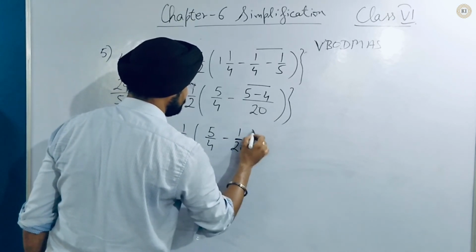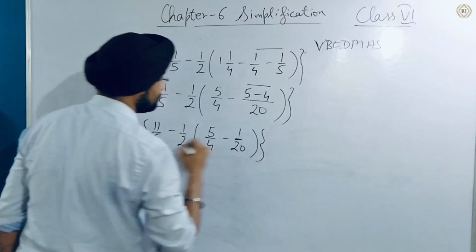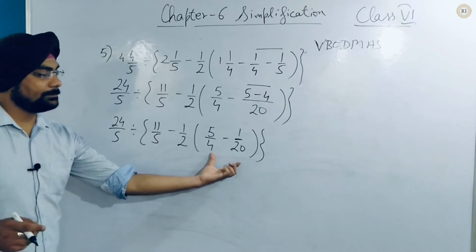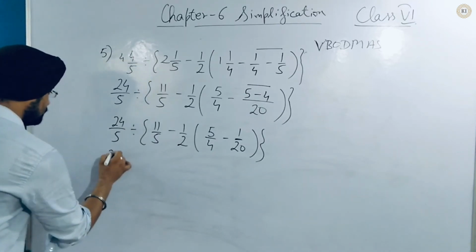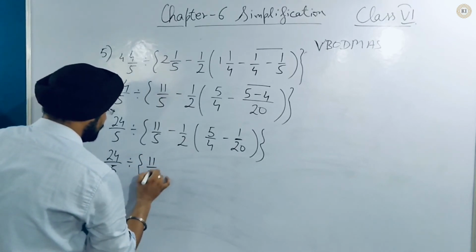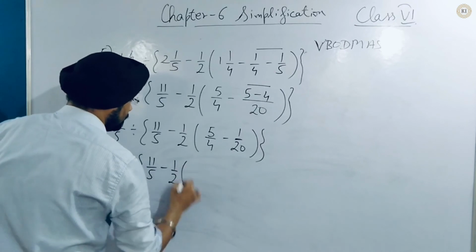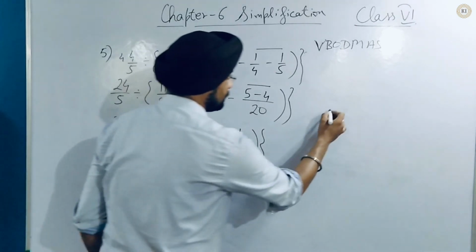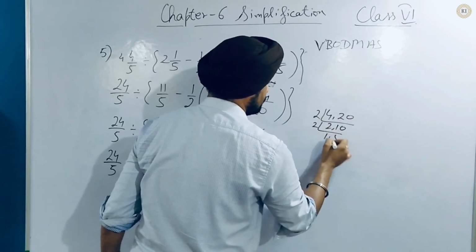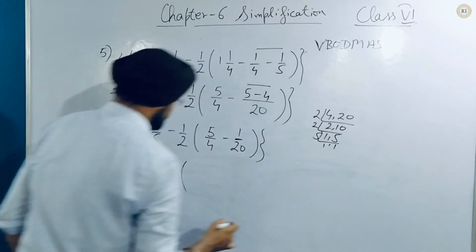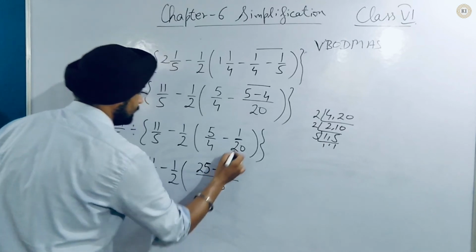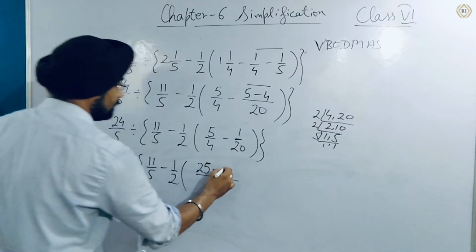Now according to the brackets we are going to solve this parenthesis or small brackets first. So 24 upon 5, divide 11 by 5 minus 1 by 2, inside the bracket 20 and 4, take out the LCM. LCM will be 20 here. 4 5s are 20, 5 5s are 25, minus 20 21 will come 1.